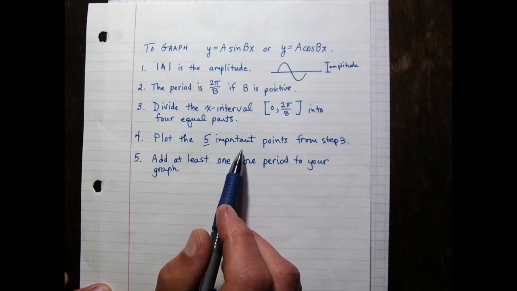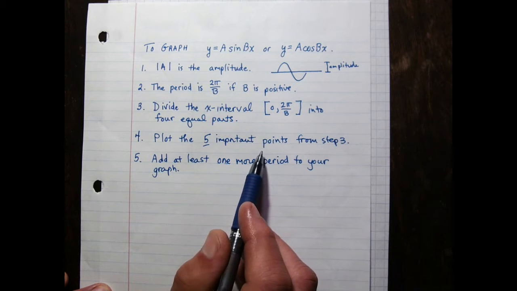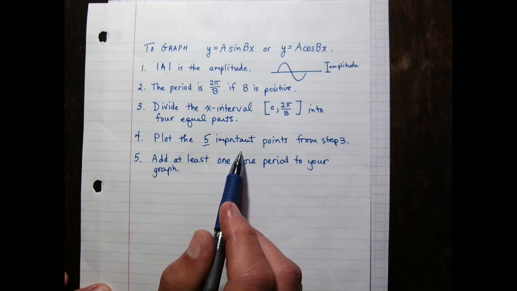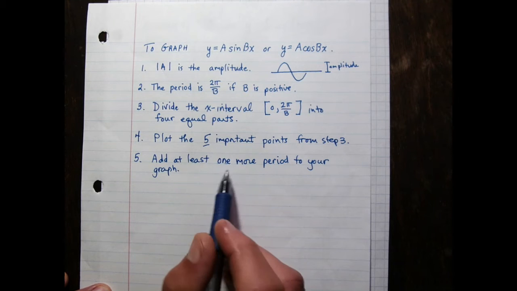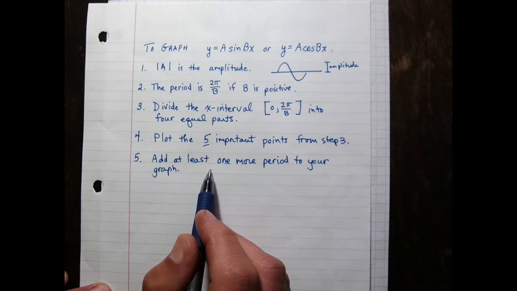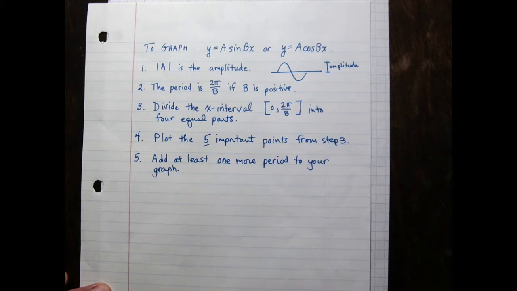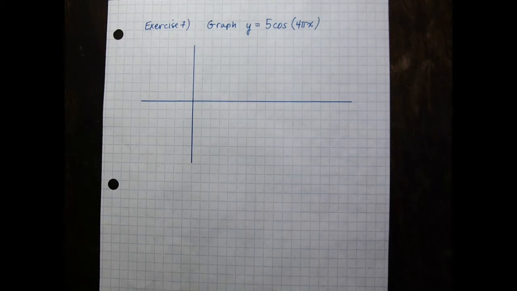They correspond to the quadrantal angle values for our basic sine and cosine functions, so they help us find the zeros and the high points and the low points on the graph so we can draw our wave. And then I want you to add at least one more period to your graph. I'd like you to draw at least 2 full periods for every graph that we sketch.